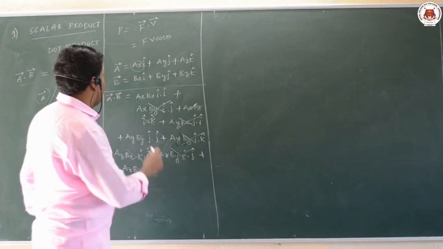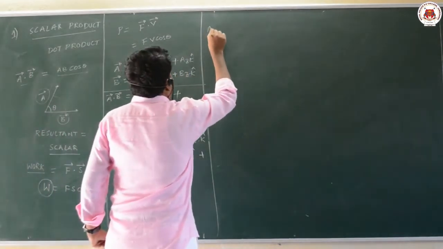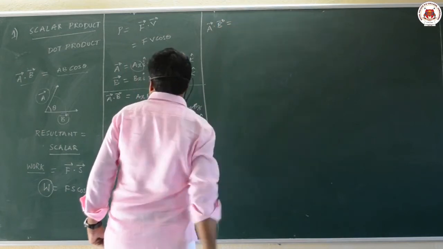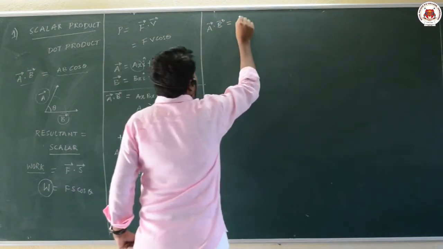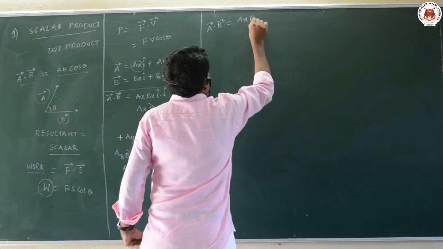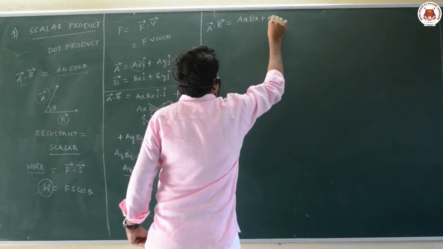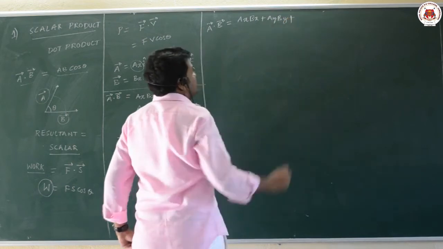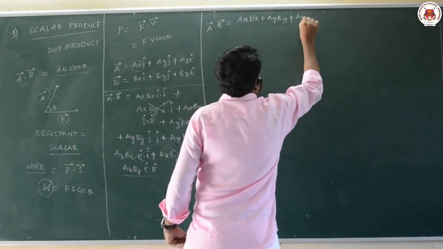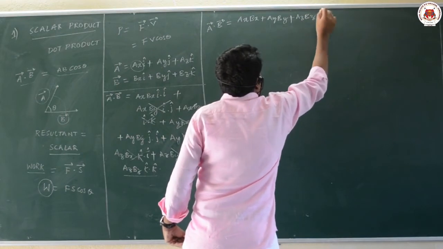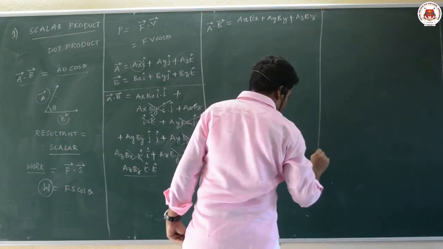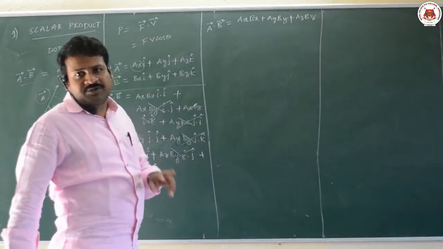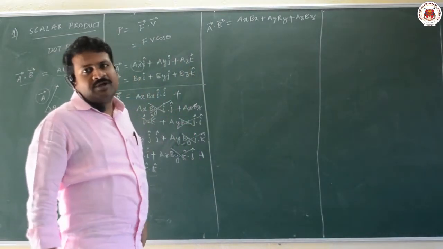So therefore, what you will get directly? a bar dot b bar is equal to ax bx plus ay by plus az bz. No need to write i and j here, because the answer you are getting is a number, it is a scalar, and scalar product of two perpendicular vectors will be 0.